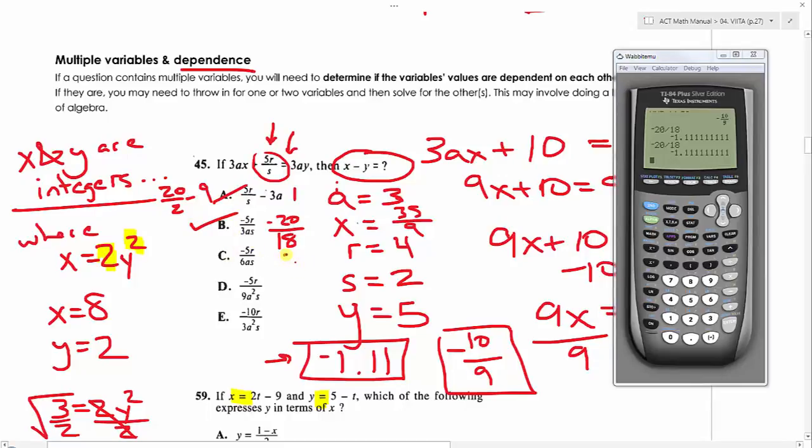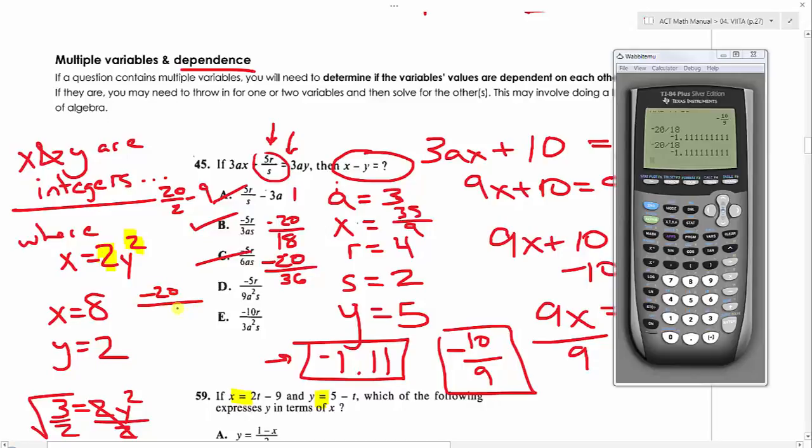So negative 20 over 18 definitely does work. Answer choice C is negative 20 over 6as. That's just going to be 2 times the denominator in answer choice B. So that's negative 20 over 36, so that definitely doesn't work. Answer choice D is negative 5r, which is negative 20 over 9a squared s.